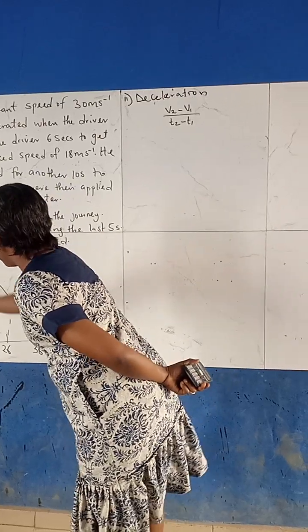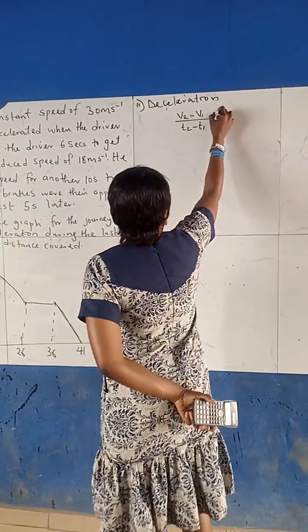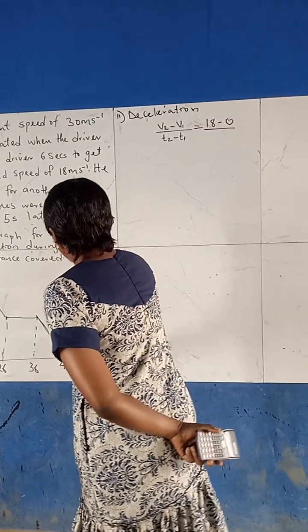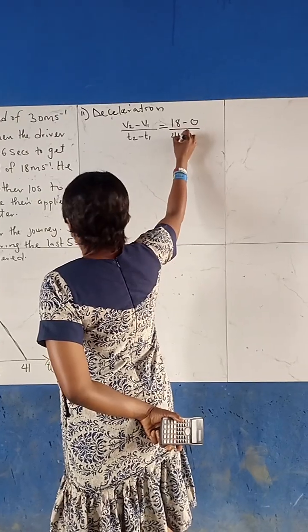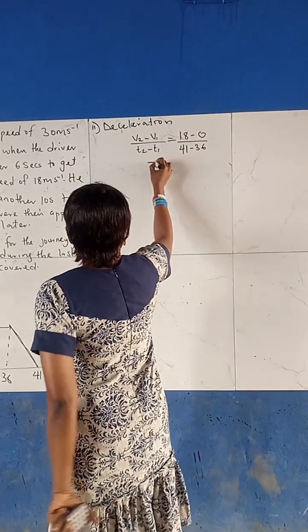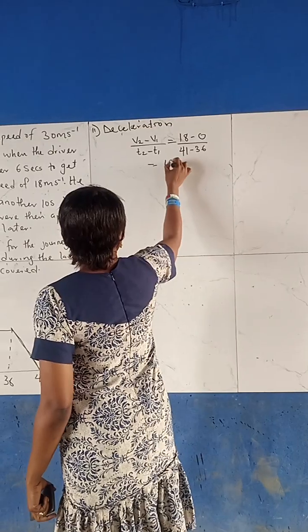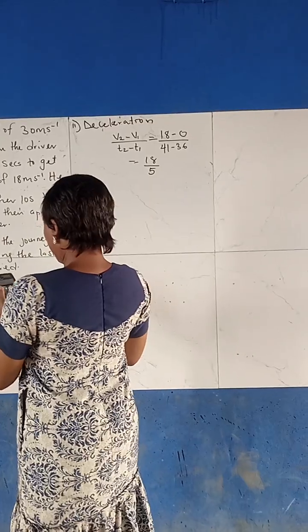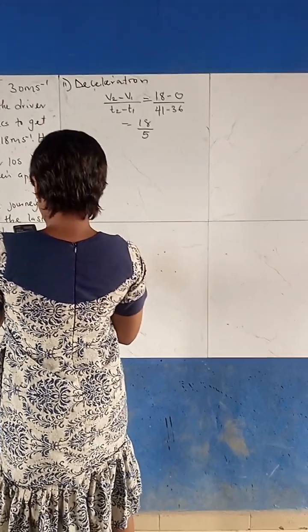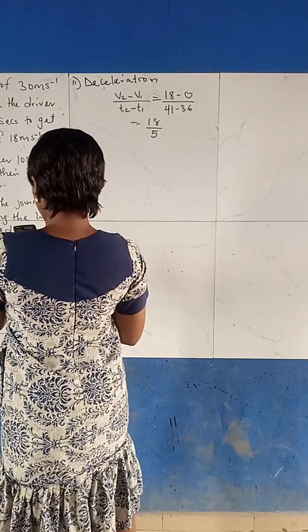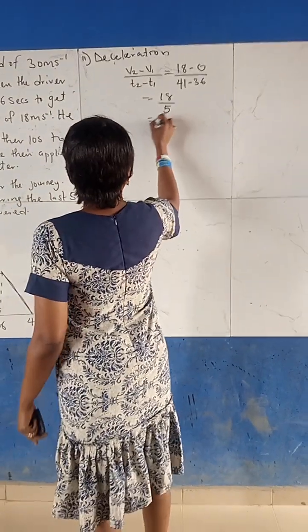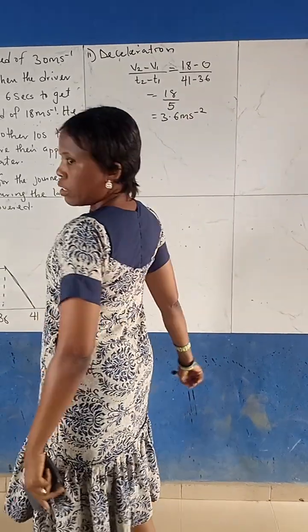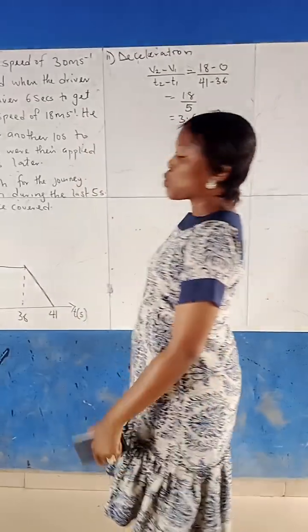So here I have 18 minus 0, divided by 41 minus 36. So that will give me 18 divided by 5, and that will give me 3.6 meters per second squared.